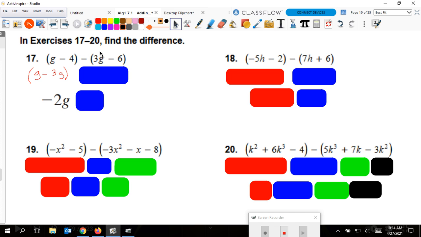You got to distribute this negative. Negative times negative will make this a positive 6. So you're going to see it's negative 4 plus 6 that we're really combining. So we're going to combine negative 4 and a positive 6, because you distribute negative times negative to give you a positive 6. So if I take 4 away from 6, that's a positive 2 right there. So negative 2g plus 2 gives me the answer of the subtraction there for number 17.